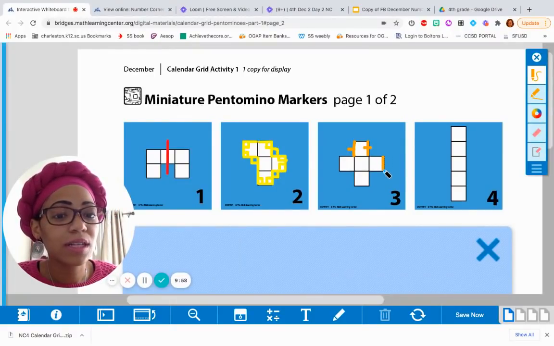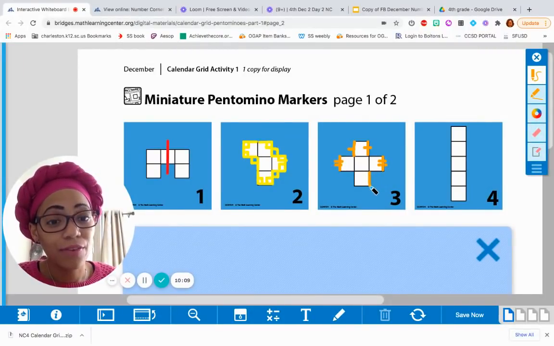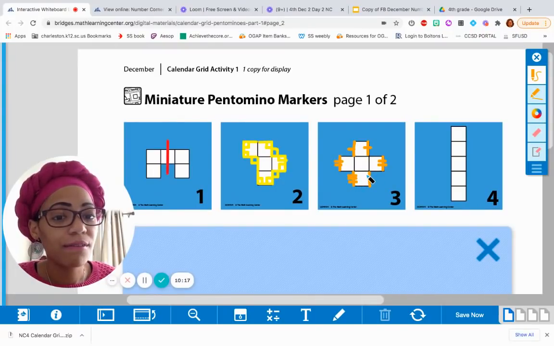Here's another set of parallel lines. We're only talking about vertical parallel lines today. So this will be our second set of parallel lines, vertical parallel lines, and then this will be another vertical line. So this would be our third set of vertical parallel lines.